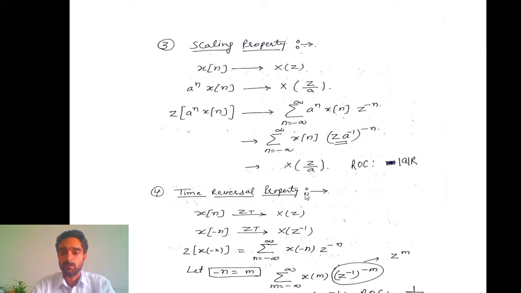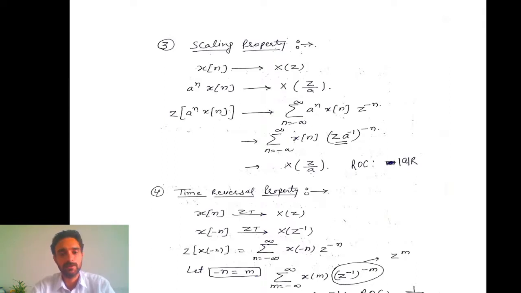Next is the time reversal property. What is the reversal property? Reversal means the mirror image of a particular signal. If the signal is defined for a time axis 0 to 4, then the reverse of that signal is 0 to minus 4.